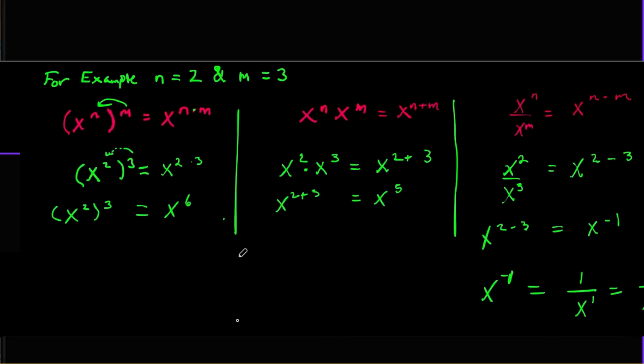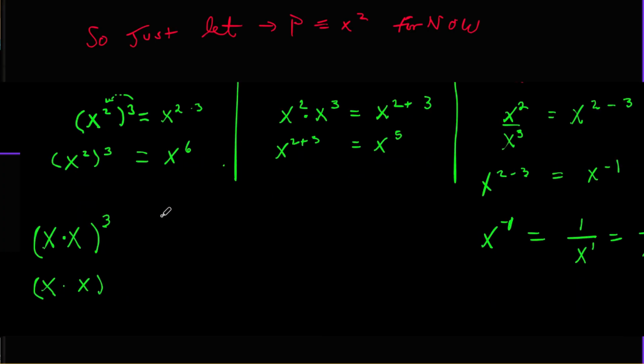So if we look over here at the x squared and x cubed, let me just write this out as if we had two x's in here. Let's try to simplify this. Let's just say we have p cubed. We know that's going to be p times p times p.